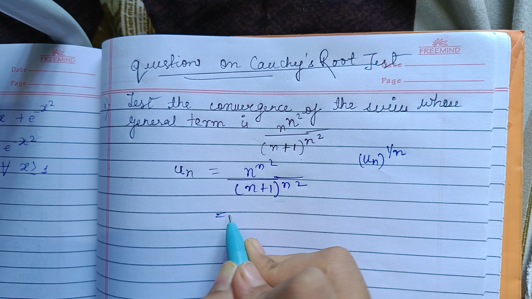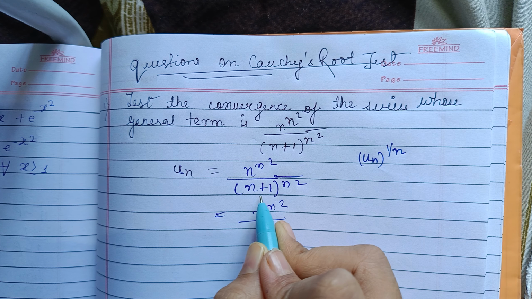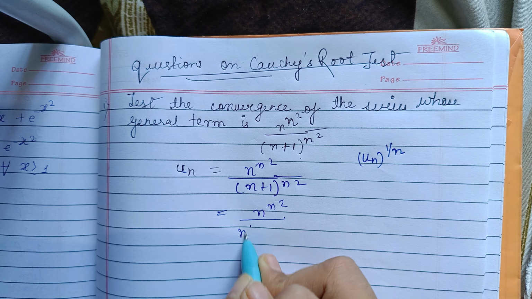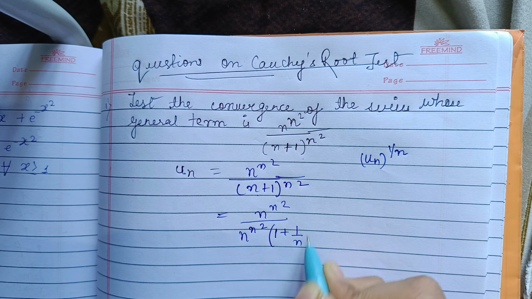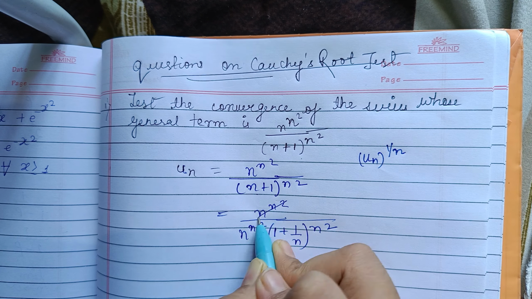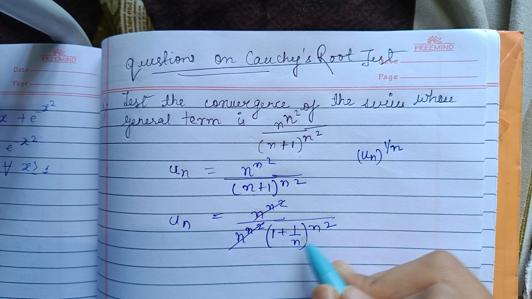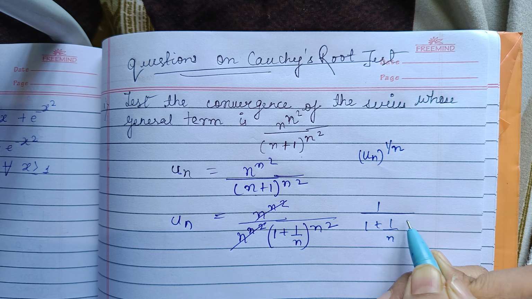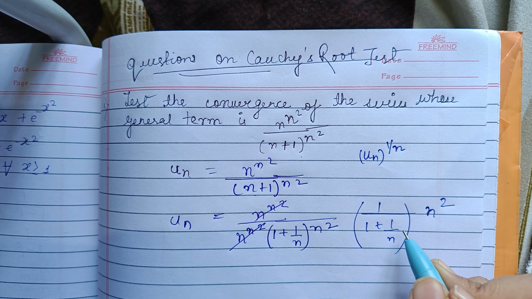So I am taking common here n to the power n square. So I will be left with 1 upon n to the power n square, and this will get cancelled. Now I will write it as 1 plus 1 upon n whole to the power n square. I can write it like this.